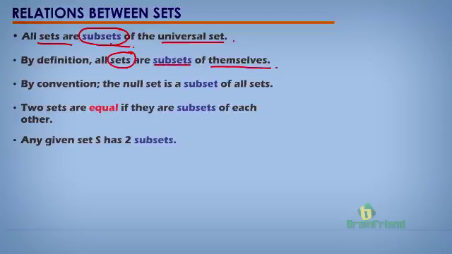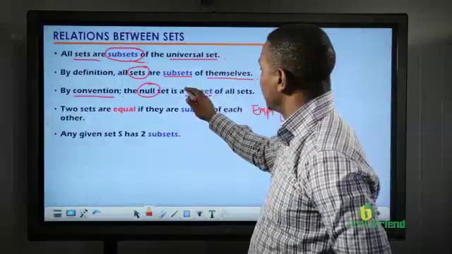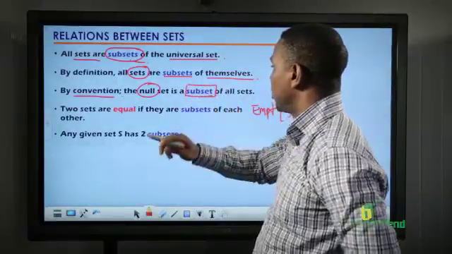By convention, it is agreed that the null set, which is also referred to as the empty set, is a subset of all sets. If we remember, in some of the examples we gave earlier, we had this situation in play.